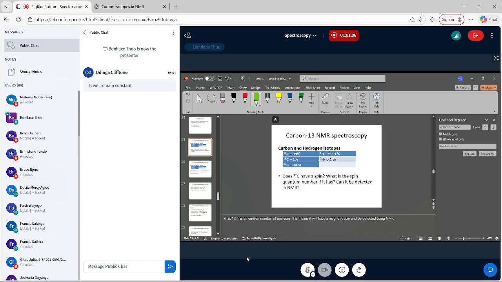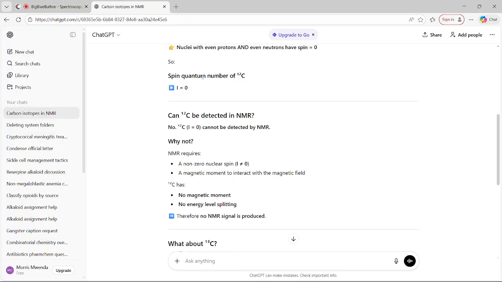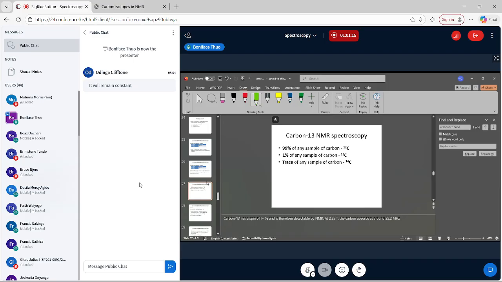Requires pulsed technique. In addition, we'll see another process that is needed, known as carbon-13 NMR. You have said only carbon-13 is NMR active.